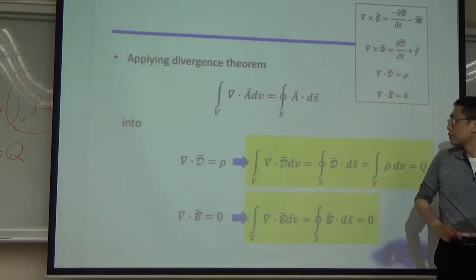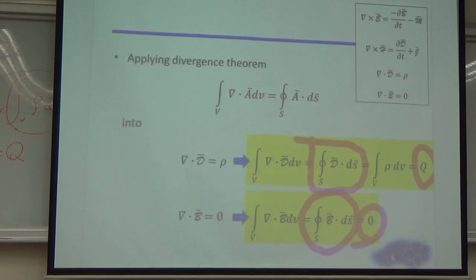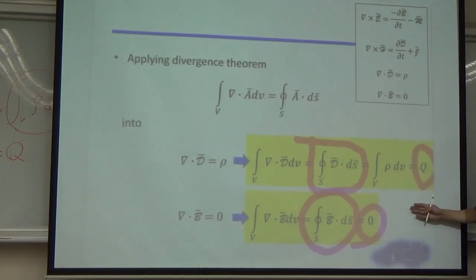So the important thing here is that if you take an integration of your electric flux density, it will equal Q, and if you take the magnetic one, it will equal 0. Those are Maxwell's equations in the integration form.